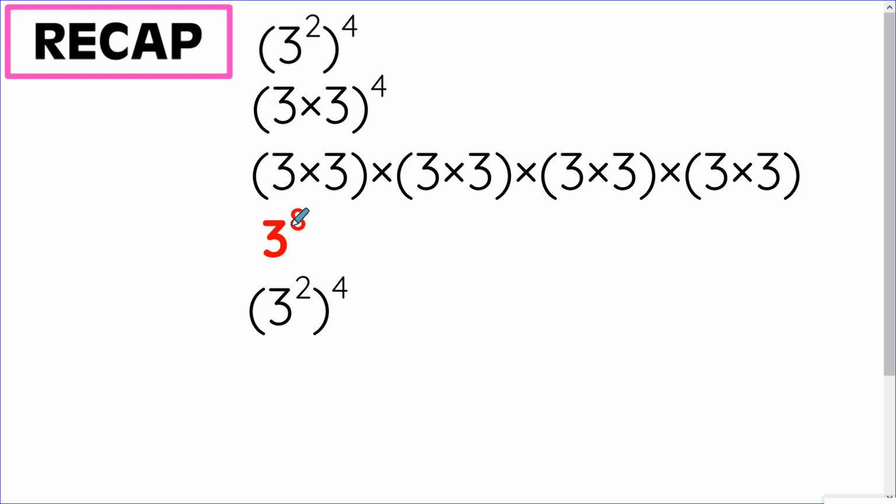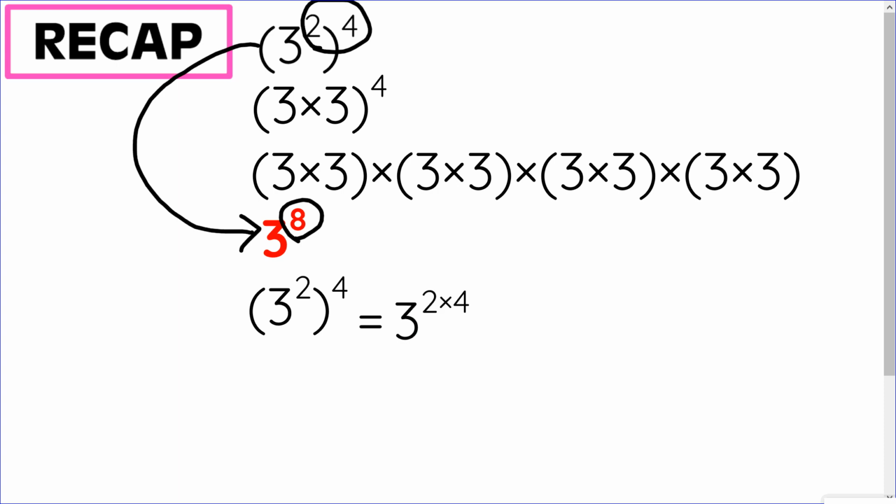Now, what I want to know is, how can I go from this directly to this? I can see that my base of 3 stays the same, but what did I do to the 2 and 4 to end up with an 8? Well, hopefully you can see that 3 squared to the exponent of 4 is the same as 3 to the 2 times 4, which is 3 to the exponent of 8.